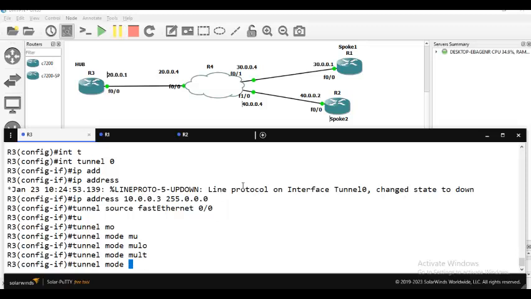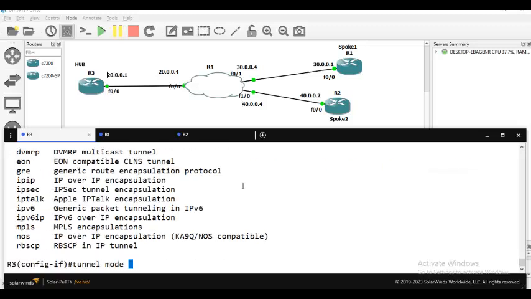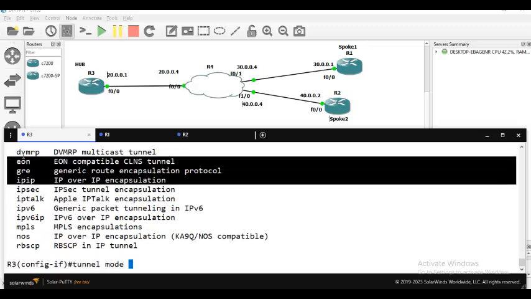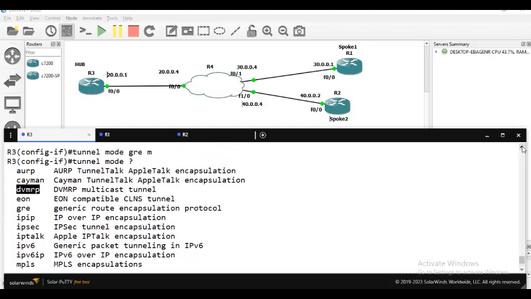Okay, there is no DMVPN, so we have to say GRE multi-point.